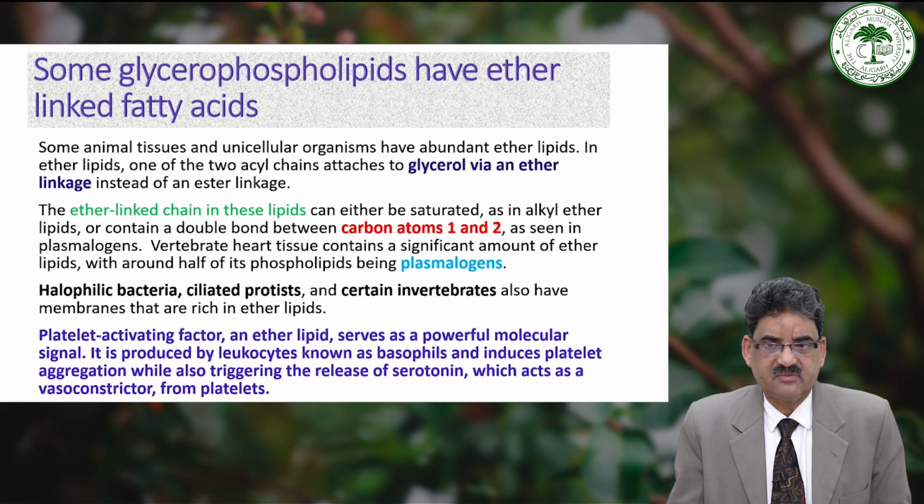The precise functional significance of ether lipids in these membranes remains uncertain. It is possible that their resistance to phospholipases, which typically cleave ester-linked fatty acids from membrane lipids, plays a significant role in certain biological functions.